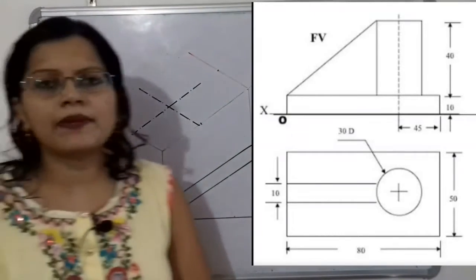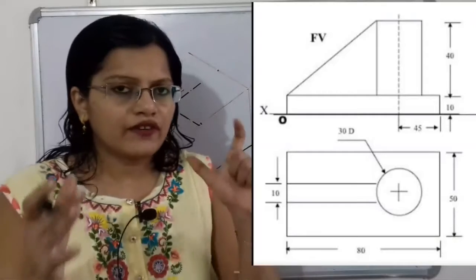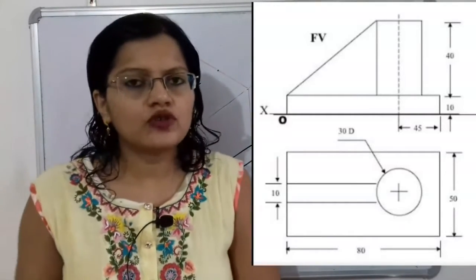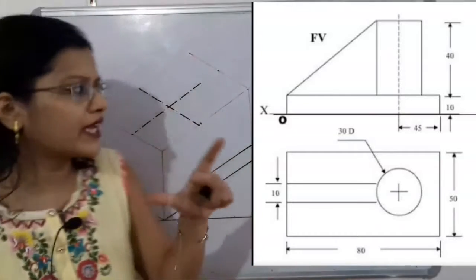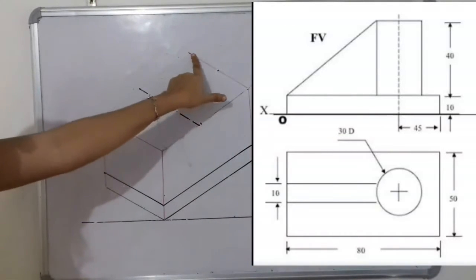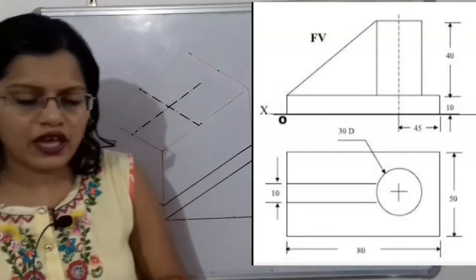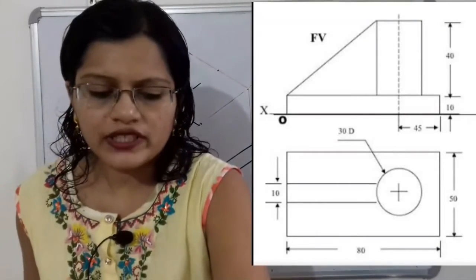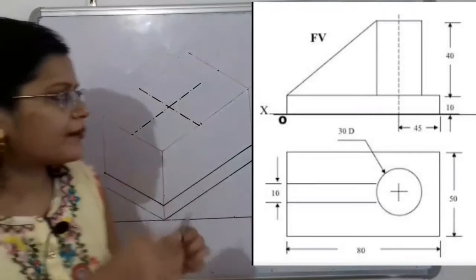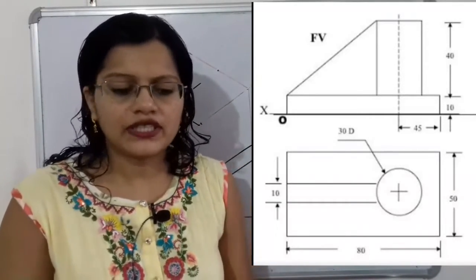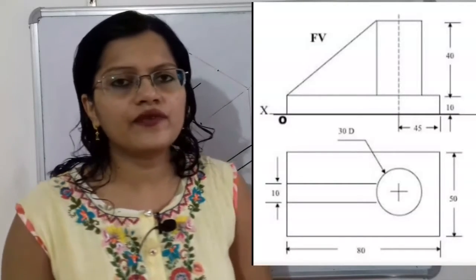Now how to complete that circle? If we observe from the top, the true shape can be seen. True shape means in the top view we can clearly see the total width and total length for any object. So now we will follow the same procedure. What is the diameter given? The diameter is given, that is 30 millimeter. That means radius r is equal to 15 millimeter.